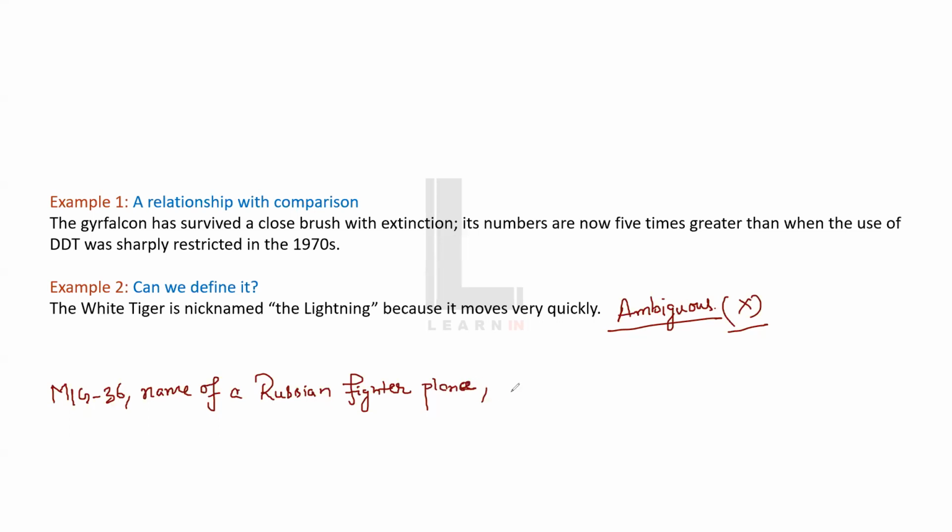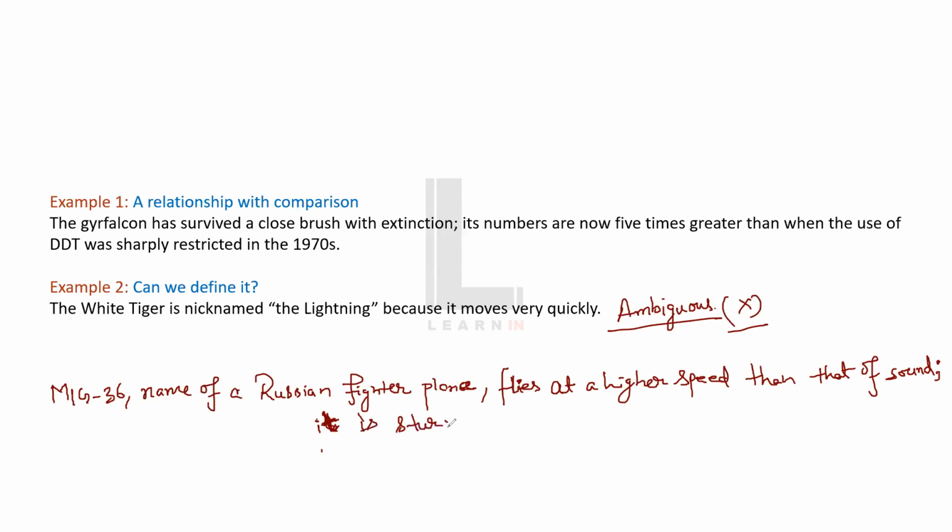The plane flies at a higher speed than that of sound. It is sturdy and efficient.